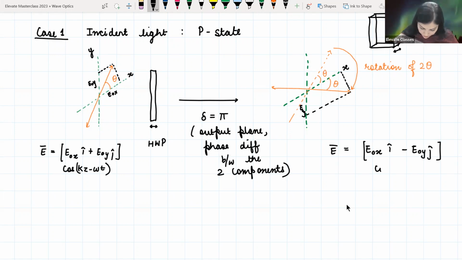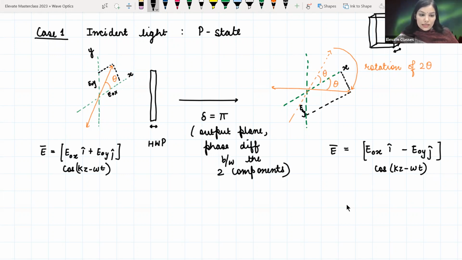So in a way, what I have done is this pi phase difference can come in either of the two components depending on how the optic axis is oriented. If the optic axis was parallel to the y-axis, then I would have added a negative sign to the ith component. But otherwise, you just have to think that an extra cos of pi is getting multiplied with this.